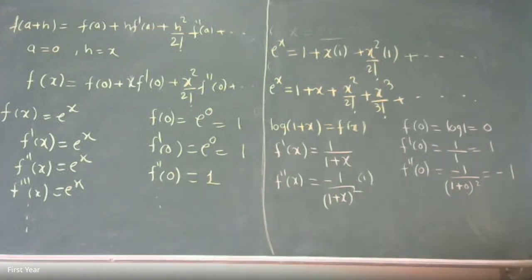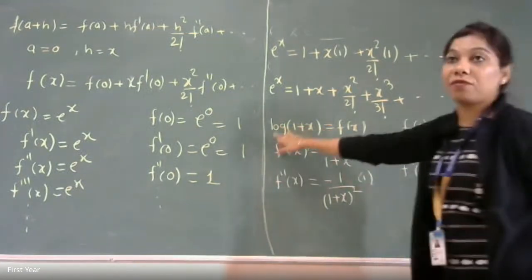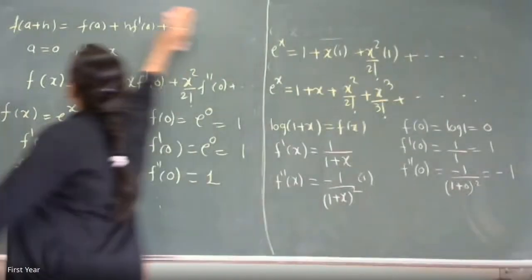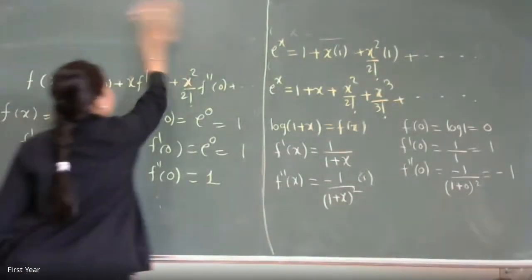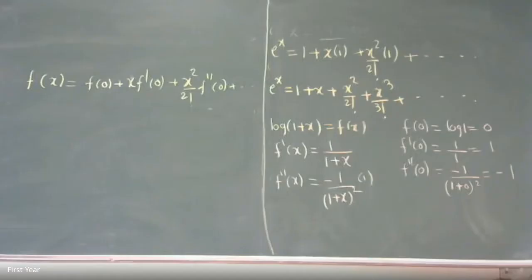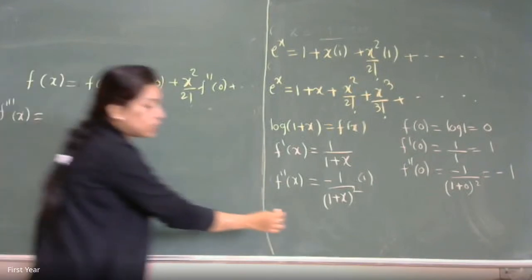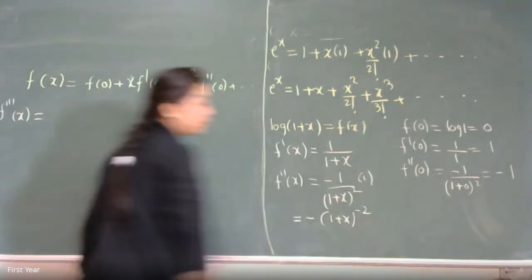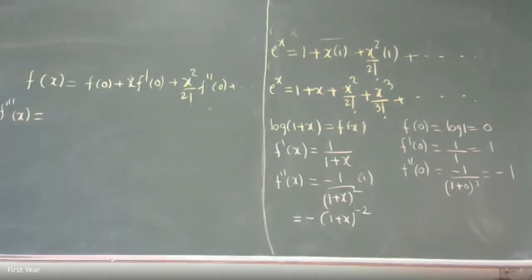We are trying to find the standard expansion of log of 1 plus x using Maclaurin series. 2 upon 1 plus x raised to the whole cube. Correct. So just see what's the third derivative of the function. Let me rewrite this in a proper form. This is minus 1 plus x raised to minus 2.